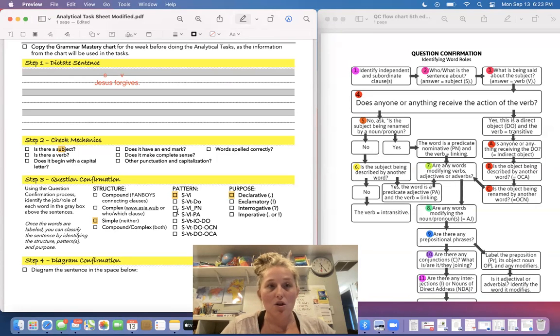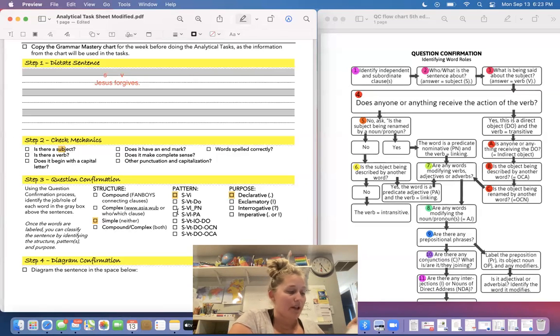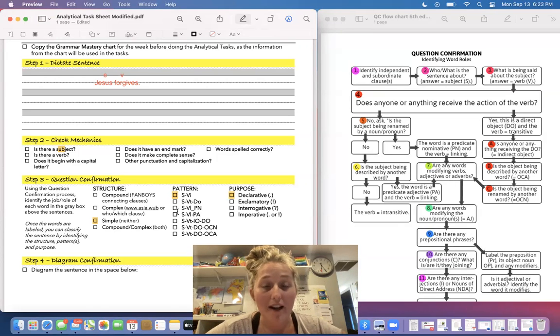The biggest thing is to just go back, get your copy of this analytical task sheet out and do it with your student, and go slowly through this. Right now, we're only working on those first 3 steps, and that's all you have to figure out for this week.